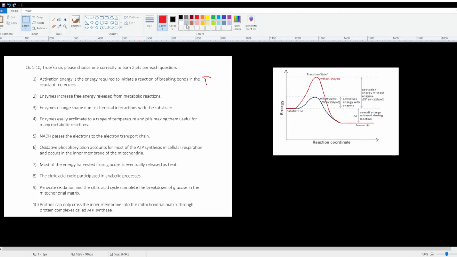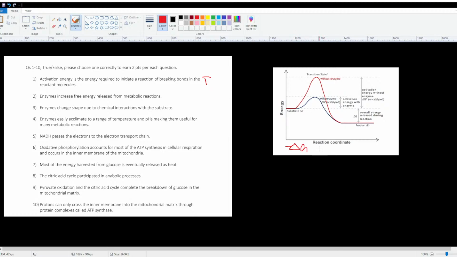Anyway, so look at what's going on here, right? Number 2 is asking, enzymes increase free energy released from metabolic reactions. So what is going on here? Look here, the free energy is lower than what we started with.